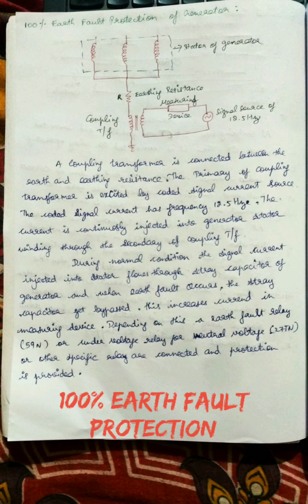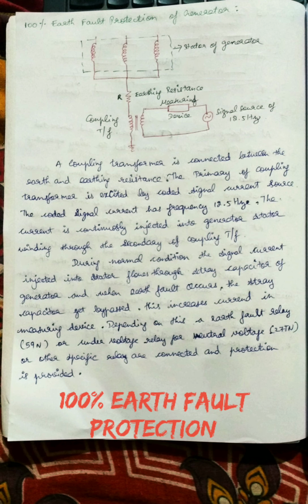From this type of protection, the stator winding will be fully protected, which means the remaining 15% area that we were not able to cover, here we are starting the protection from that 15% area.